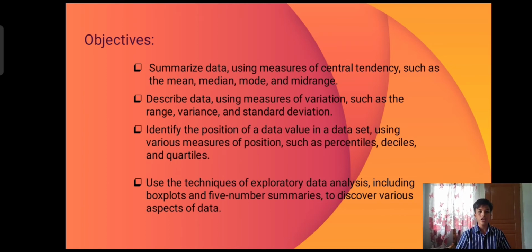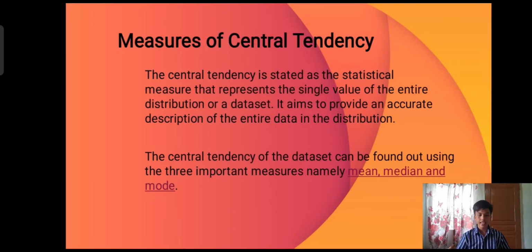Identify the position of a data value in a data set using various measures of position, such as percentiles, deciles, and quartiles. Use the techniques of exploratory data analysis, including box plots and 5-number summaries, to discover various aspects of data.